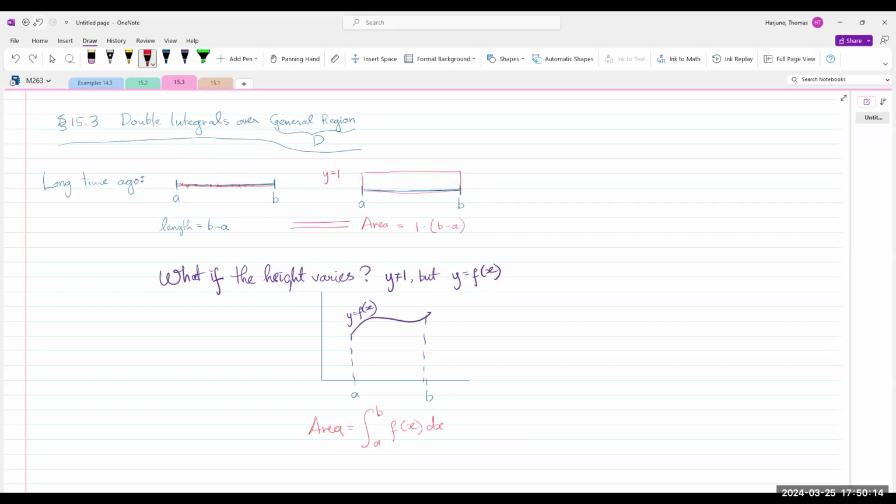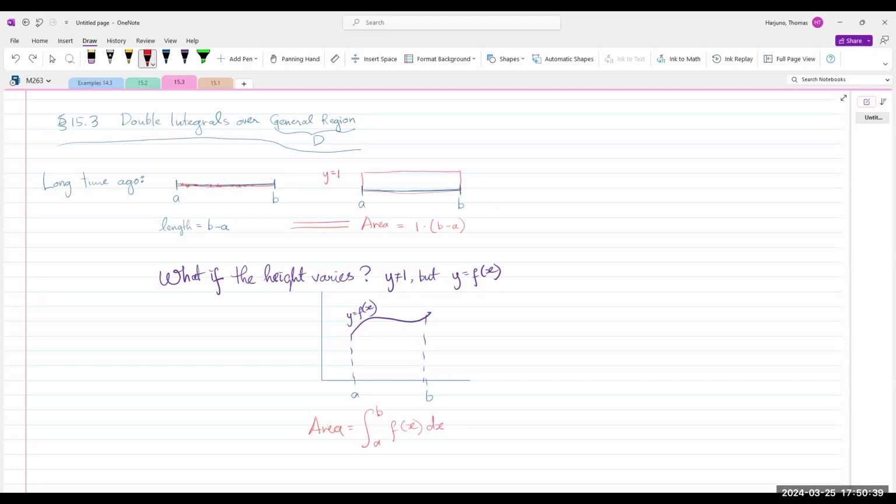Now, suppose instead of the height being constant k or constant 1, the height now varies as a function of x. Then the area now can be represented by this integral.